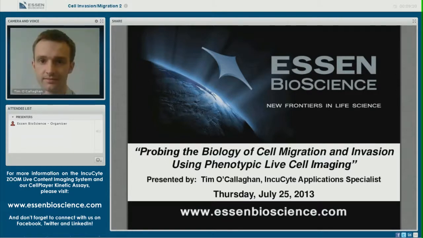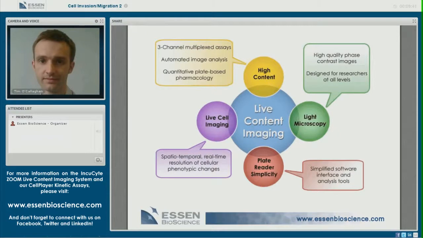Before moving into specific information around cell migration and invasion, I would just like to give a brief introduction to our approach to phenotypic live cell imaging. We call this approach live content imaging, and it draws on a number of factors from many different technologies, such as the automated image analysis and quantitative plate-based pharmacology associated with high content imaging, and also the ease of accessibility and the high quality phase contrast images of light microscopy.